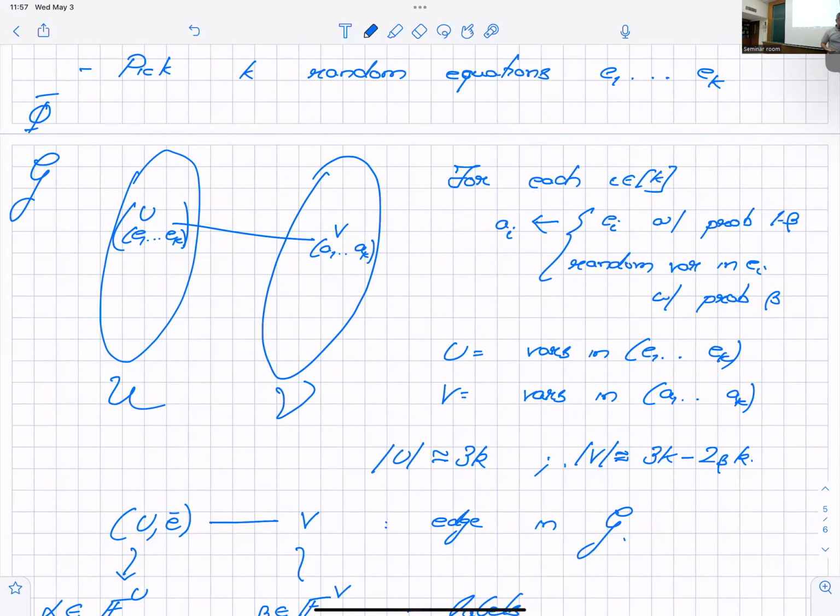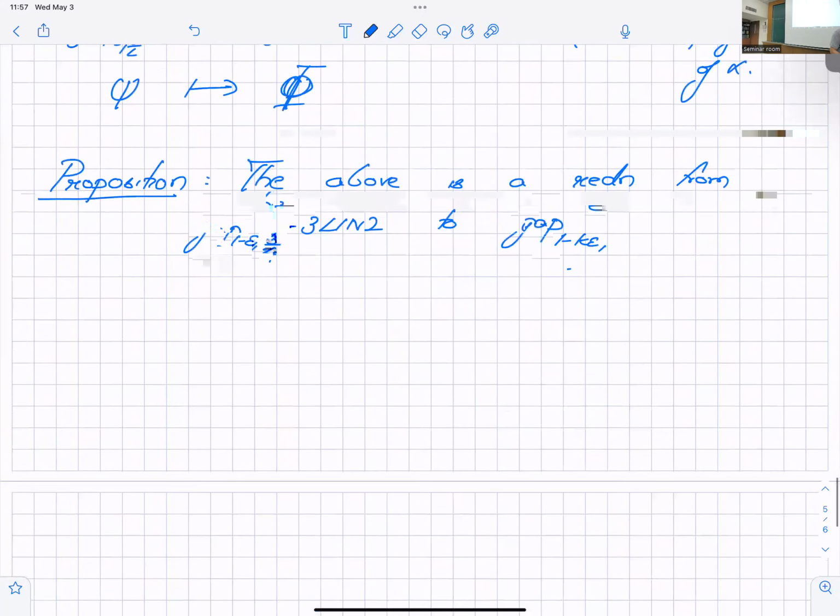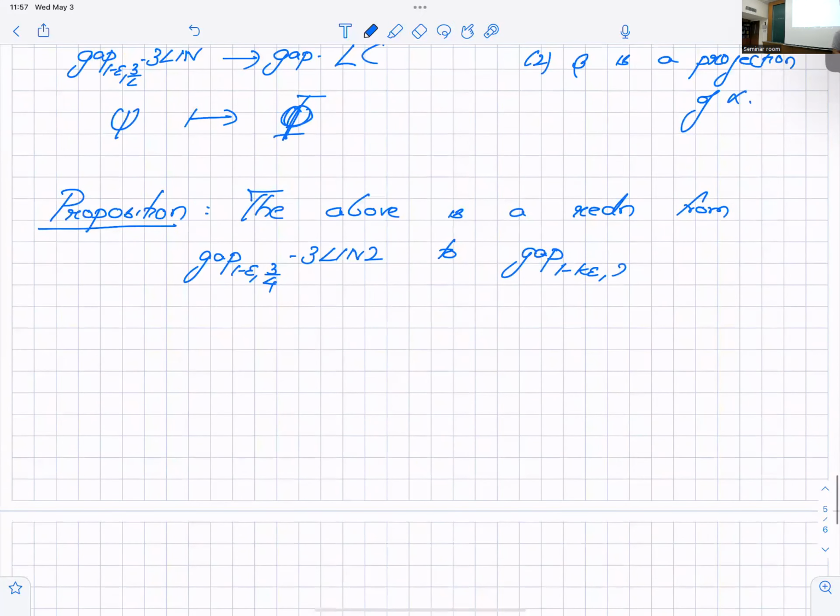Therefore, I claim that this is essentially 2 power minus omega beta k. Because the underlying problem has a constant gap for the single version of the problem. You're repeating it beta k times. There's this beta k parallel repetition sitting inside it.